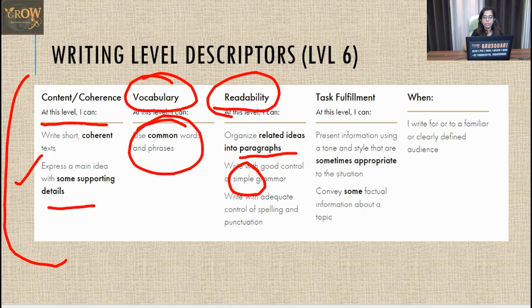The same is the case with task fulfillment: present information using a tone and style that are sometimes appropriate to the situation and convey some factual information about a topic, right? So we are using a tone that is only sometimes appropriate, which means that at other times it is inappropriate, and then we are going to get a 6.